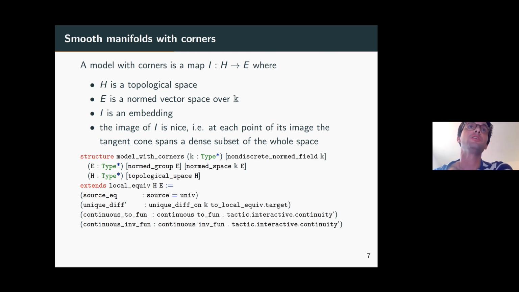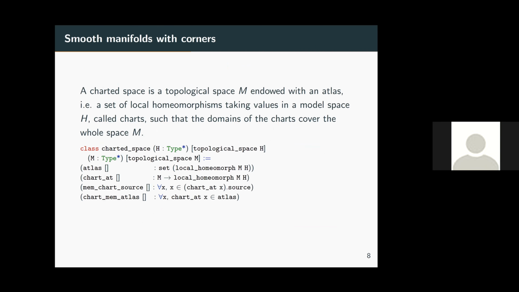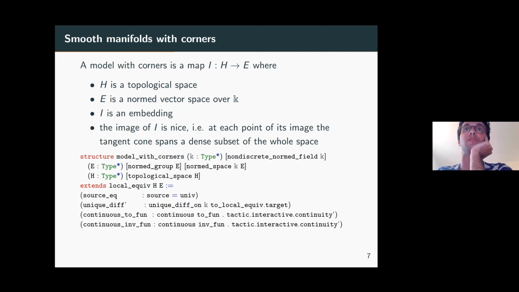And the point of a model with corners is that they are the most general concept that allows us to talk about smoothness of maps on a vector space and then on manifolds. We do not need to have maps defined on the whole vector space, but just on a nice subset, or equivalently on a nice embedding of the topological space into the vector space.